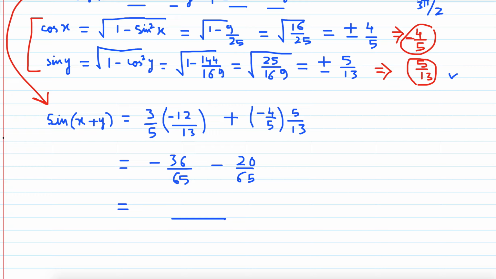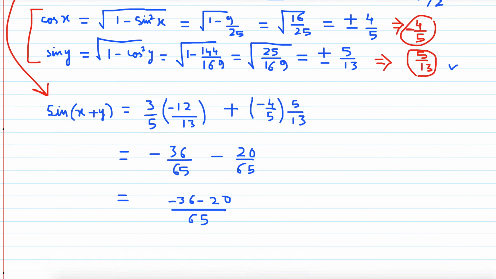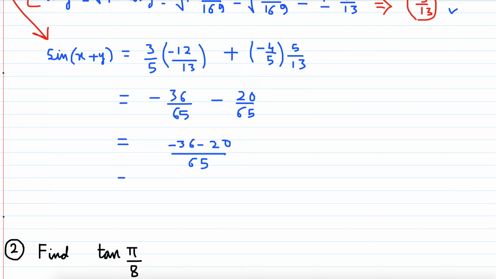So we can take 65 common in the denominator, and it's minus 36 plus minus 36 minus 20. So this will be equal to minus 56 divided by 65.